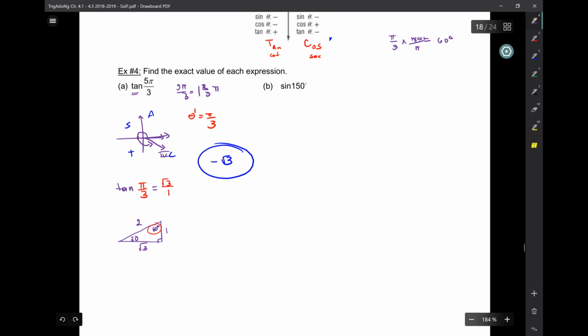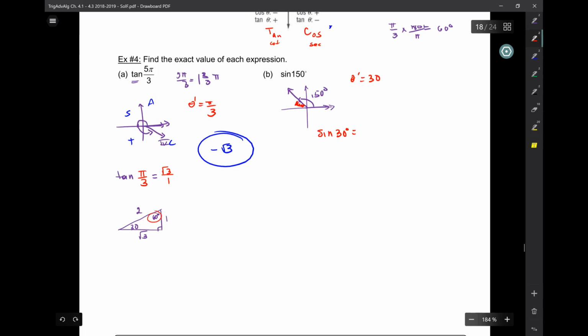Look, we have sine of 150. First, let's draw 150. How much would the reference angle be? 30. Okay, so next, let's find the sine of 30 degrees.